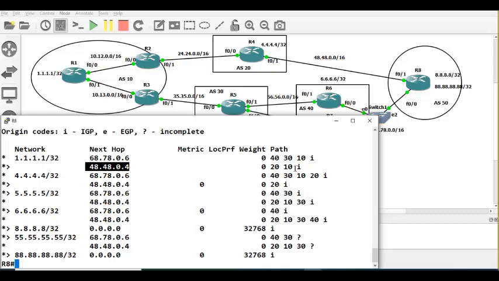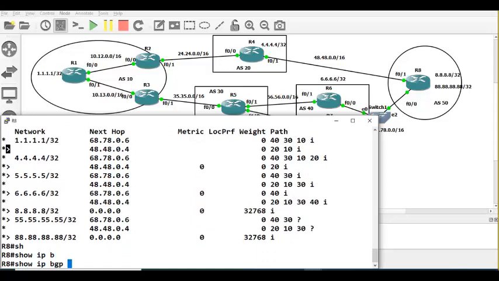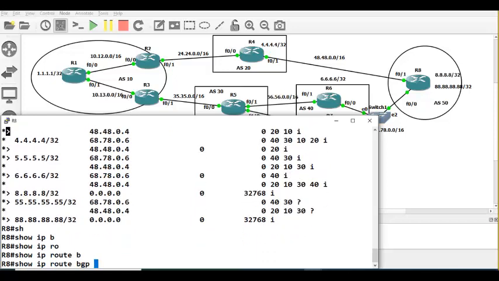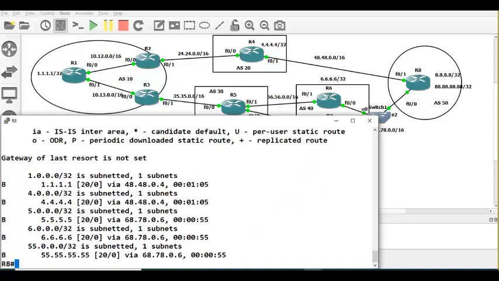Because of the shortest AS path, it decides to go via router 4. How do I know? The elected route will have the greater than symbol. If you check the routing table, show IP route BGP, you got only router 4 as a gateway to reach 1.1.1.1 and 4.4.4.4, because it's just 2 hops.